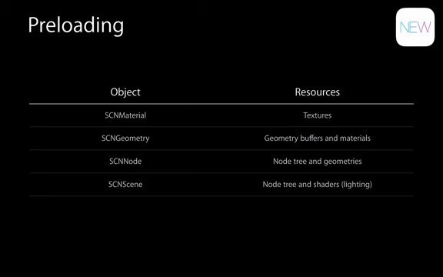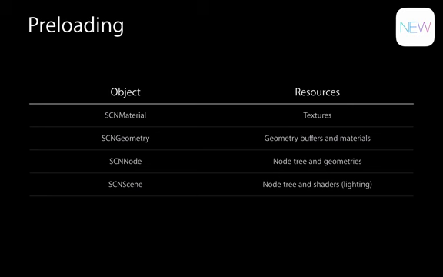If you pass a geometry, it will precompute all the geometry buffers, like the vertices, normals, and texture coordinates, and also all the materials that are referenced by this geometry. If you pass a node, it will preload the entire node tree, including all the geometries that are attached to these nodes. And last, if you pass the entire scene, it can do even more.